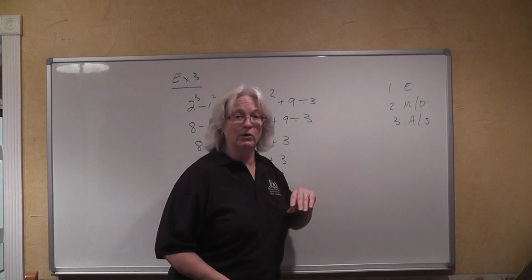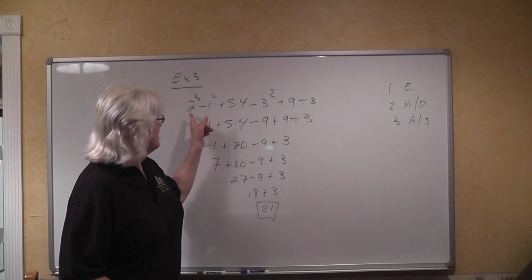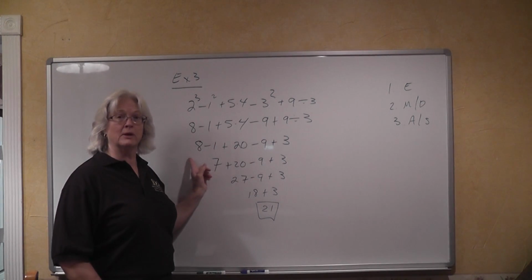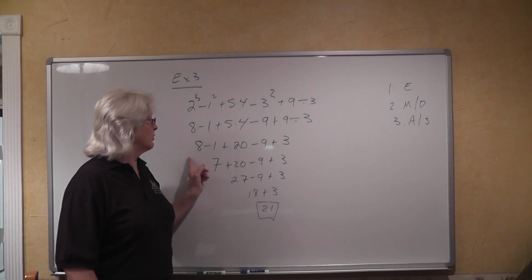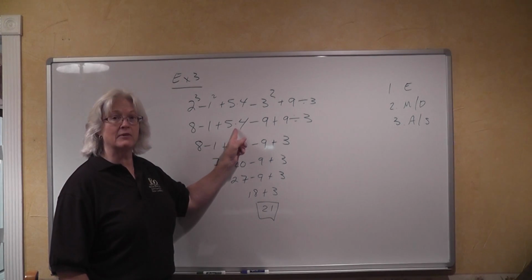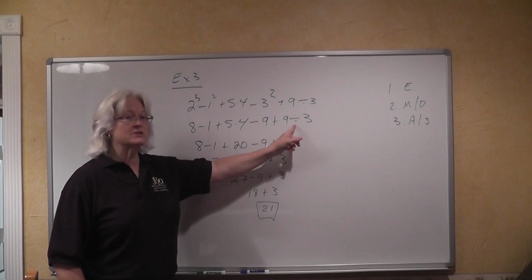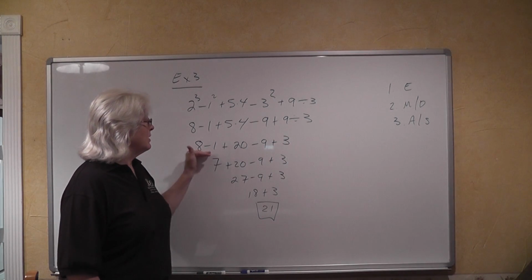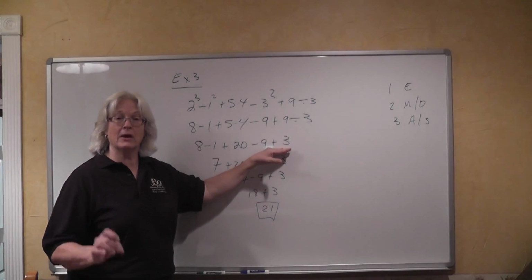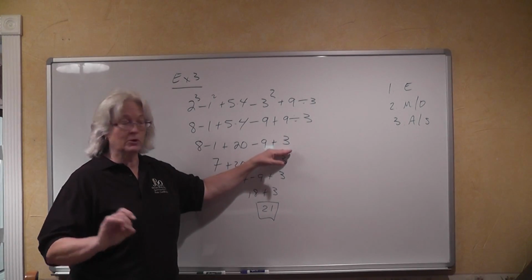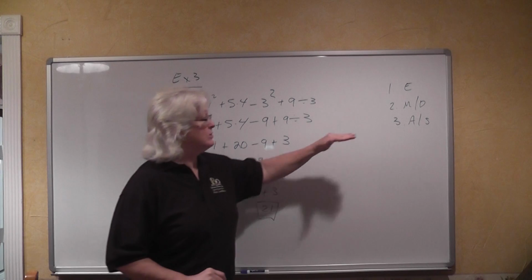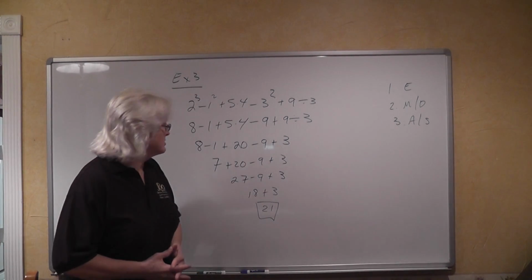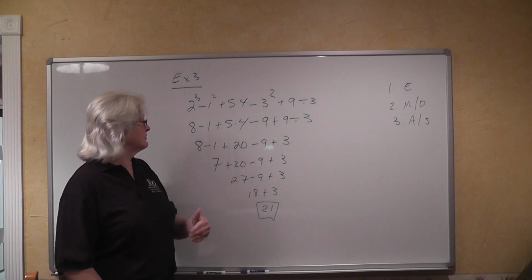Second order of priority, after you have evaluated exponentials, is to move in order from left to right with multiplication or division. And you see we had 5 times 4 is 20. You see we had 9 divided by 3 is 3. And when there are no longer any operations involving multiplication or division, then you move to the third level of priority, which says do addition or subtraction in order from left to right.